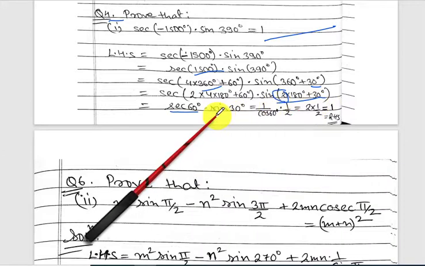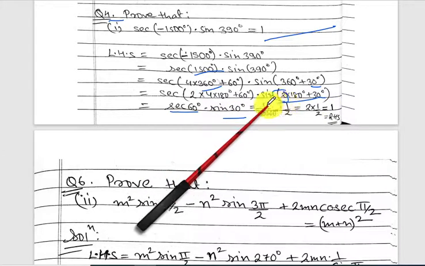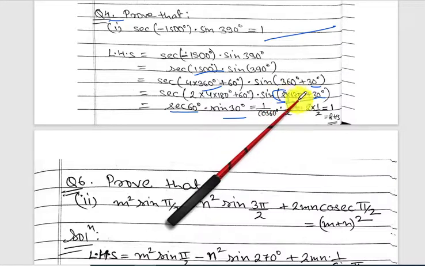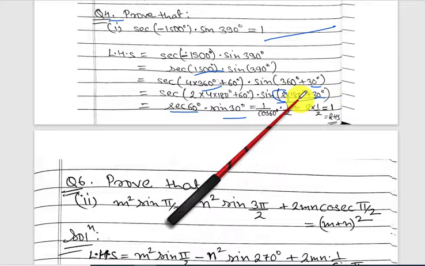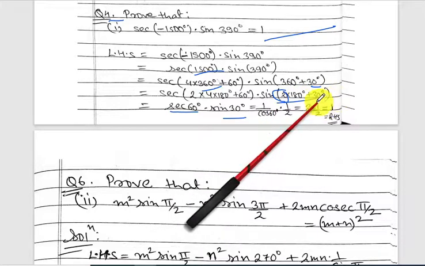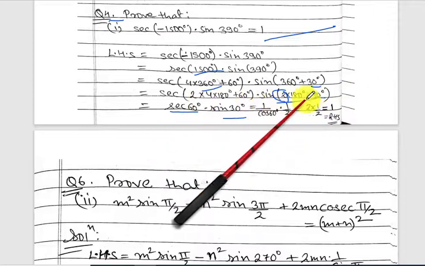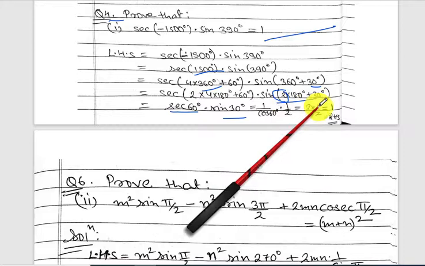Or you can use that 2n pi plus theta: sine of 2n pi plus theta gives you sine theta. So same way here you get sine 30. Put the values and you'll get the answer.